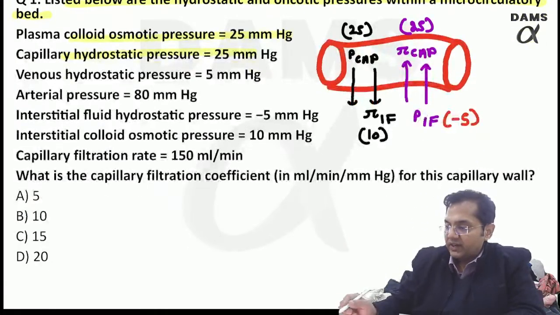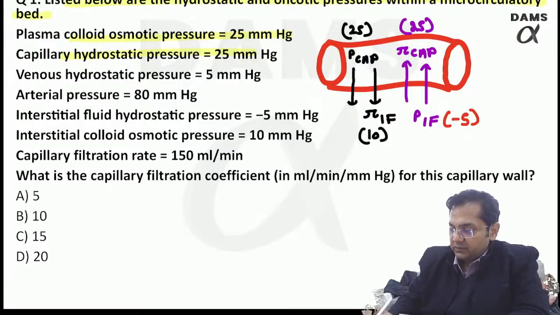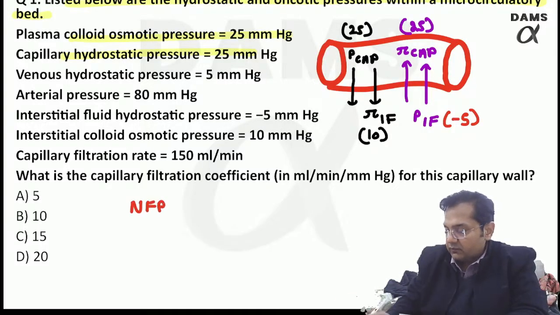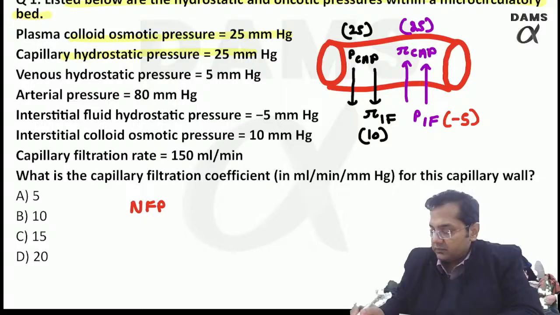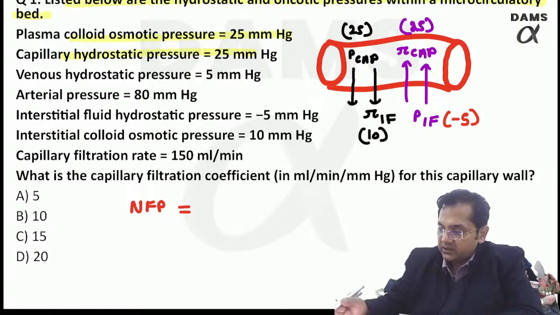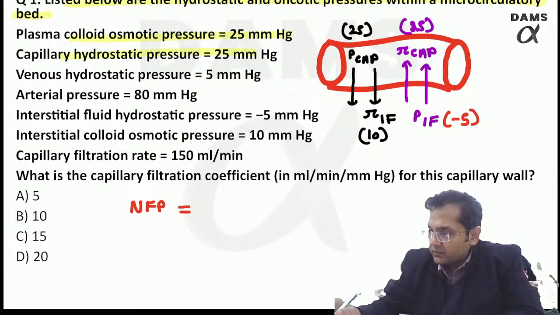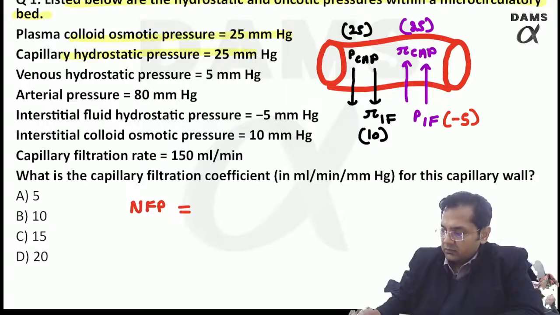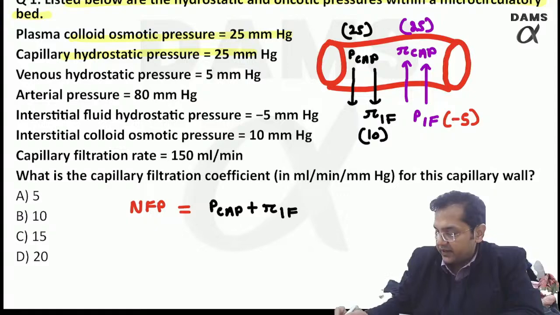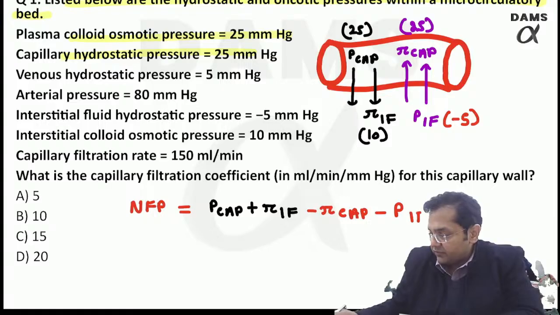So let's find out the net filtration pressure. What should be the answer? Which two are acting in the same direction? Hydrostatic in the capillary plus oncotic in the interstitial, minus oncotic in the capillary, minus hydrostatic in the interstitial.